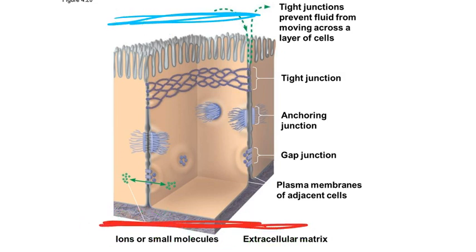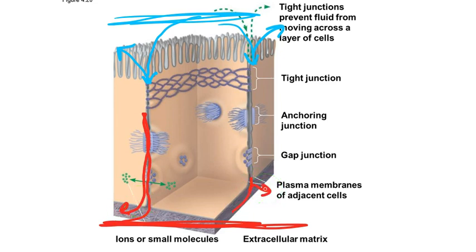In order to not let any of this blue stuff get through, there are these tight junctions that bounce all that stuff back out. So no blue stuff is getting through. And you also don't want red stuff getting out, right? So you don't want any of this getting out, so it gets pushed back in.